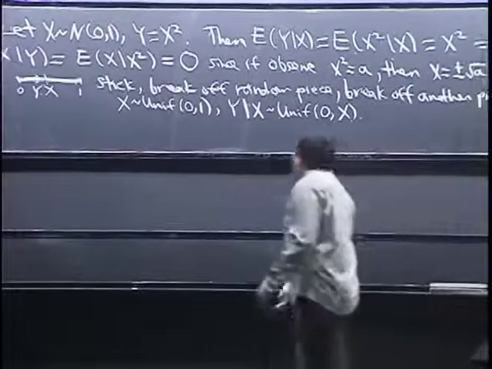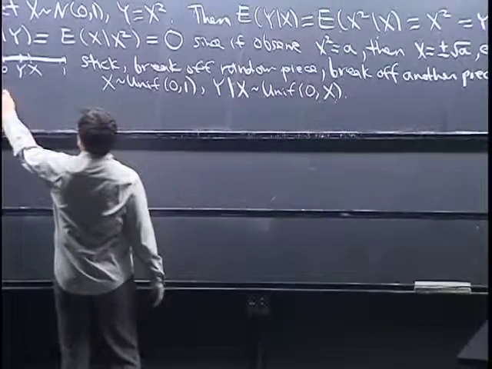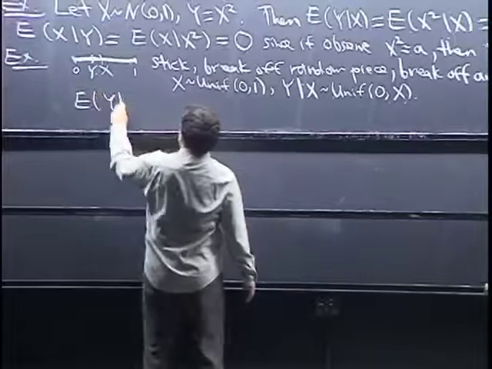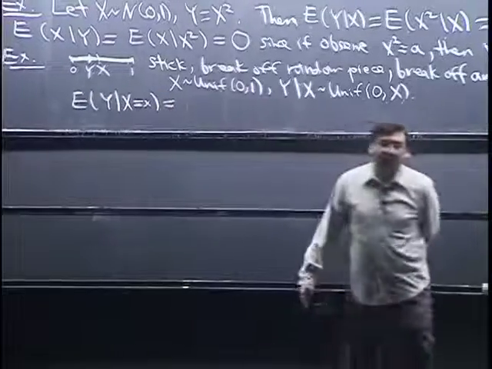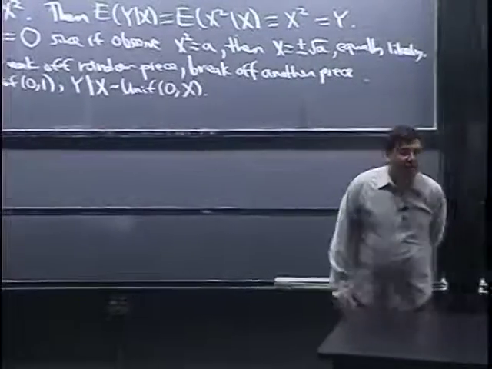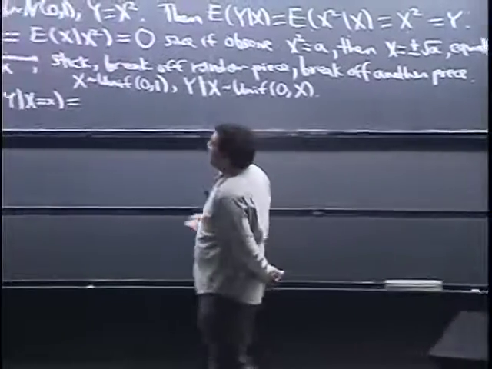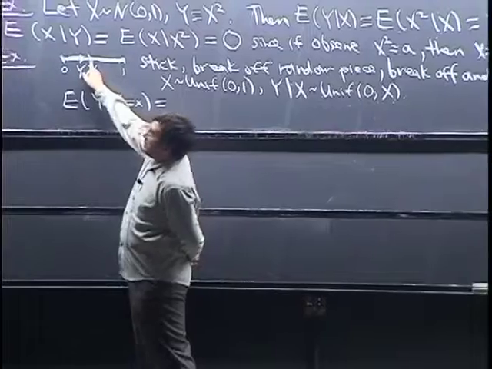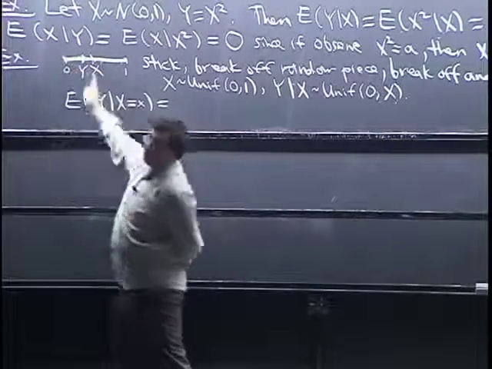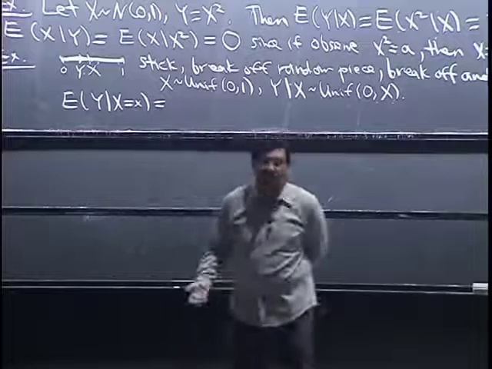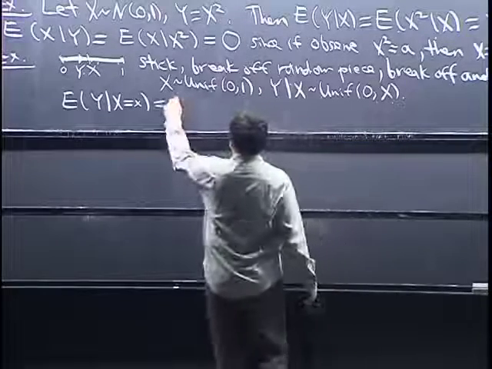Okay, now let's compute E of Y given big X equals little x. So that's going to be a function of little x. This just says that we know that the first breakpoint is here. I'll call this point little x. This one is anywhere from 0 to little x uniformly, so on average it would be little x over 2.